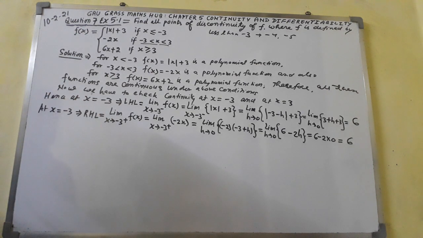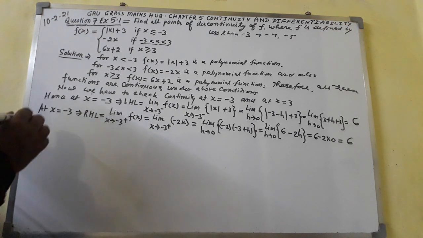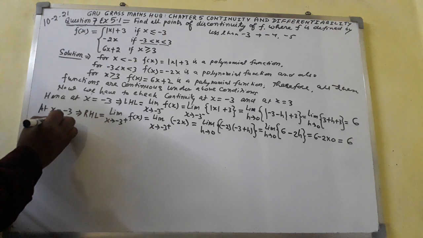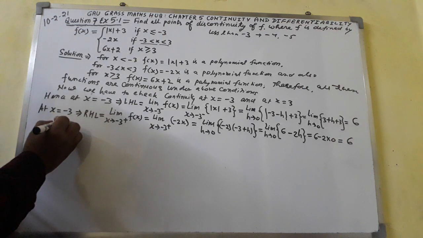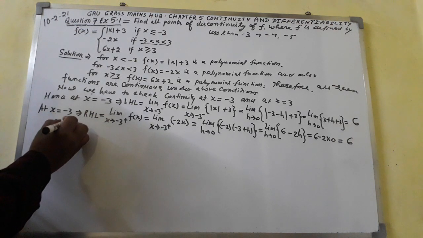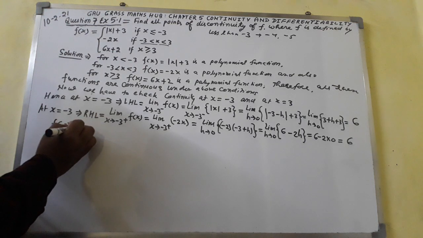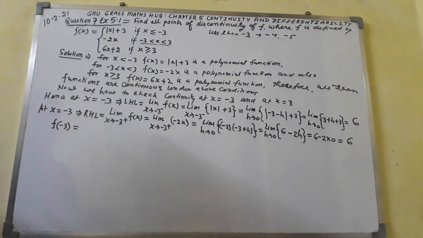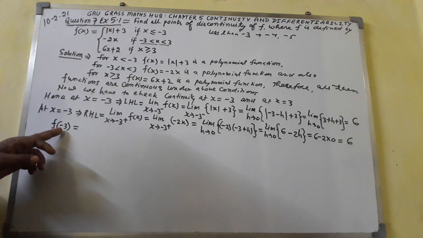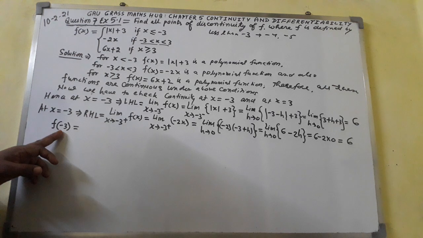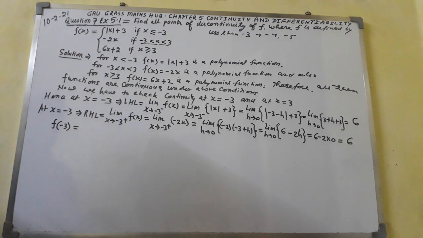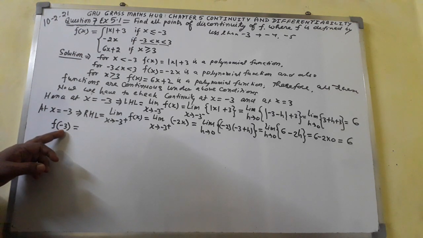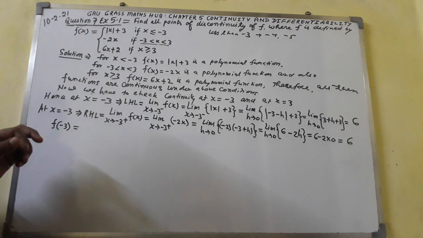Now I shall take f of minus 3. Here you can see x is equal to minus 3. So in place of x I have written minus 3. Choose the function in which x equal to minus 3 is applicable.